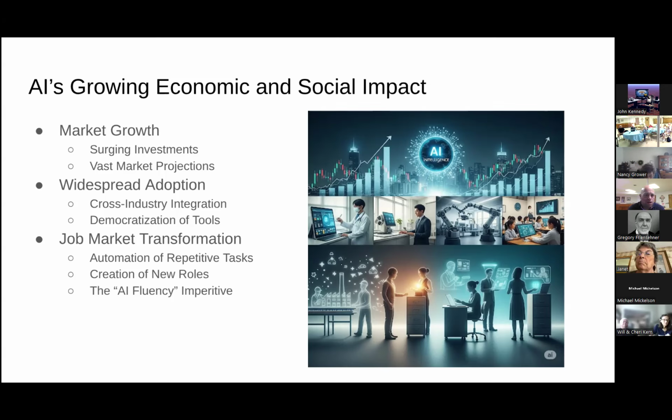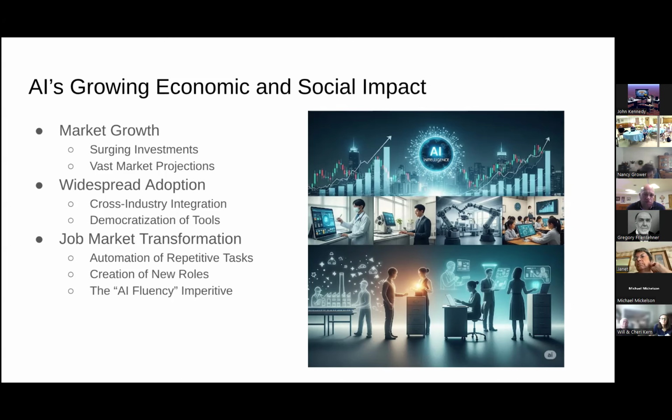And then the democratization of tools. User-friendly AI tools and platforms are making advanced capabilities accessible to smaller businesses and even individuals, fueling innovation across the board. Yeah, anyone watching or listening to this has access to an advanced AI system and is capable of using it whether they know it or not.